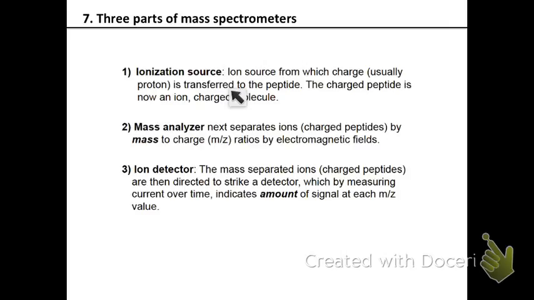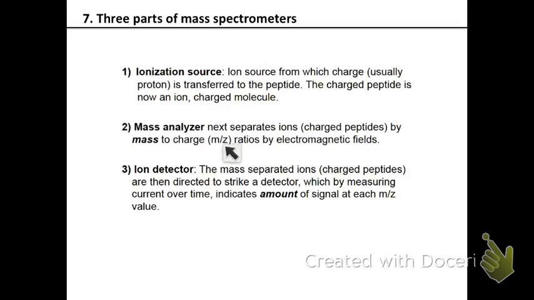So you have a protein mixture. Each protein is going to be charged by this ionization source. So the charged peptide is now called an ion because it's a charged molecule. These can be a full protein or smaller peptides, typically smaller peptides.